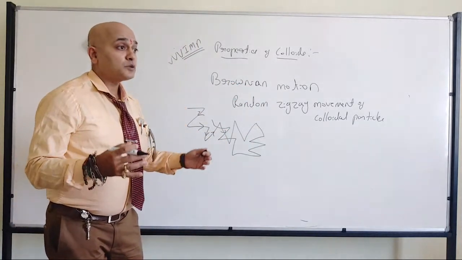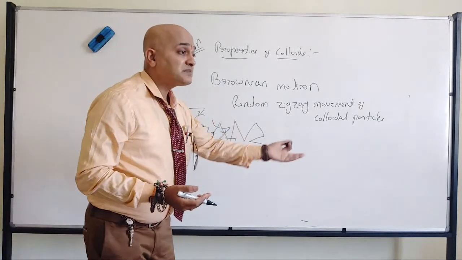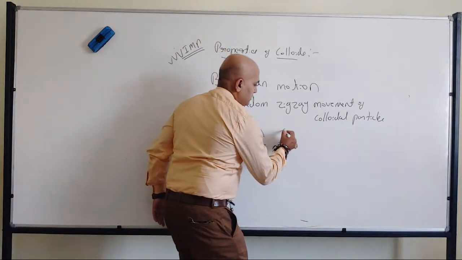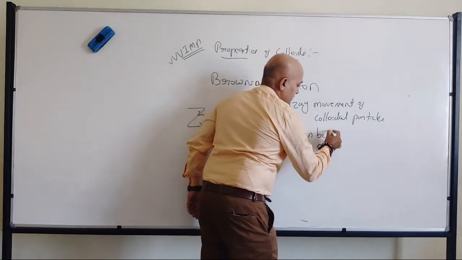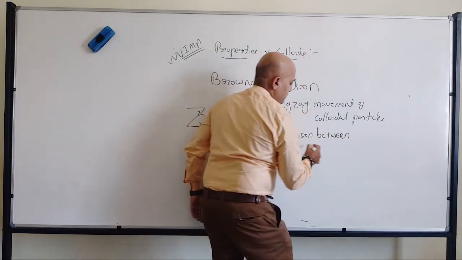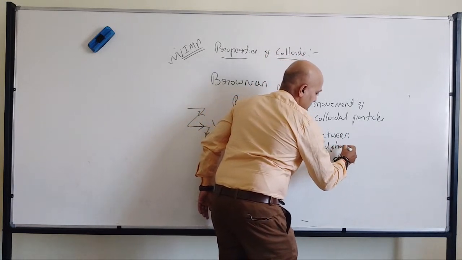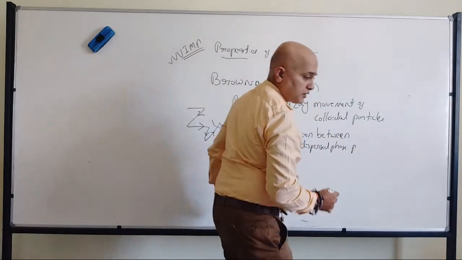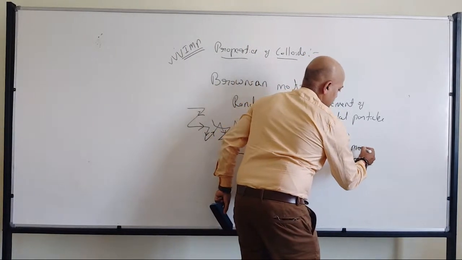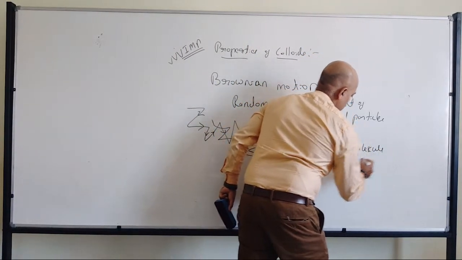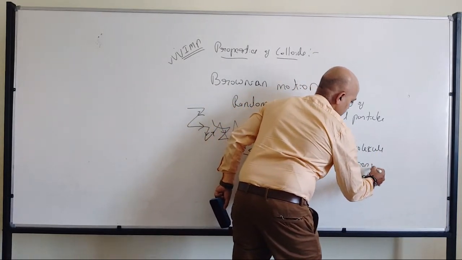That is because of the collision of dispersion phase molecules with the dispersed phase. The reason for Brownian movement is collision between dispersed phase molecules and dispersion phase molecules.